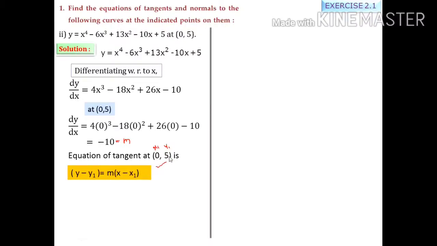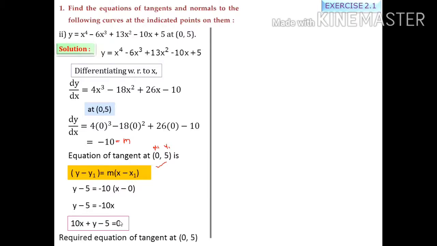Y minus 5 is equal to m, which is minus 10, times (x minus 0). Minus 10 multiplied inside, we get y minus 5 is equal to minus 10x. And this minus 10x shifted to the left-hand side becomes plus. So 10x plus y minus 5 equal to 0. This is the required equation of the tangent at point (0, 5).